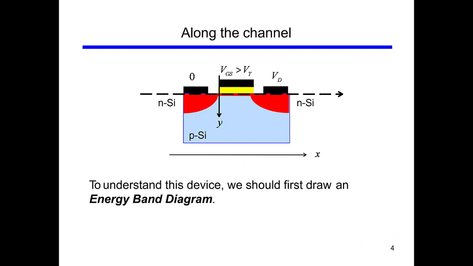Now what happens if we want to have a look at the energy band diagram in the horizontal direction? In this direction, that is parallel to the channel, this is the one that will determine when the channel will support the transport of current.